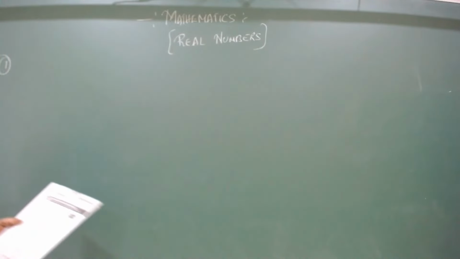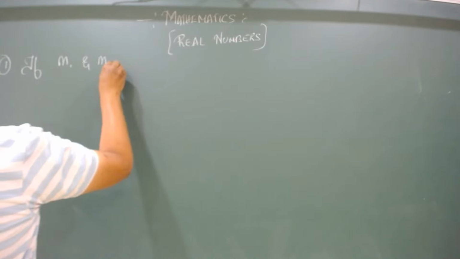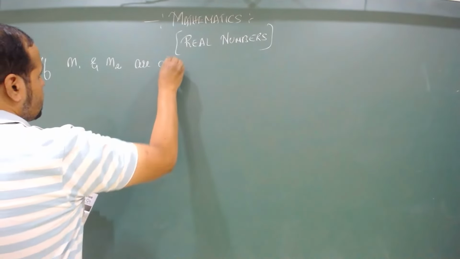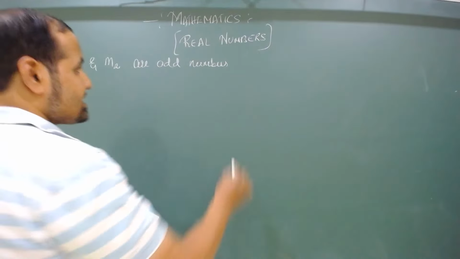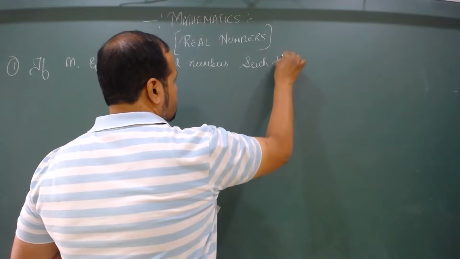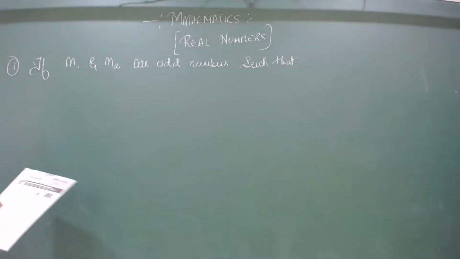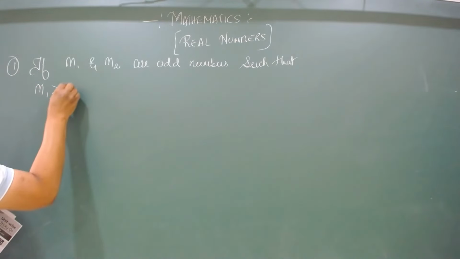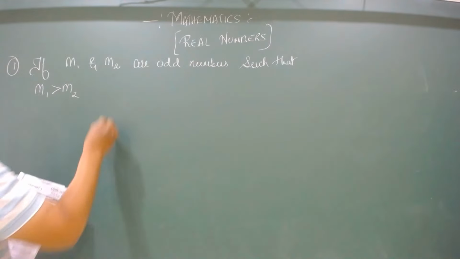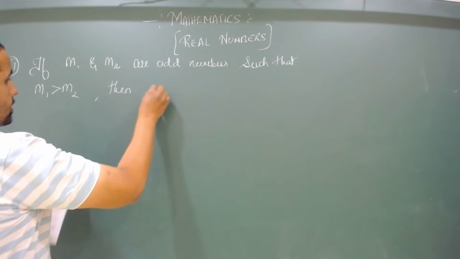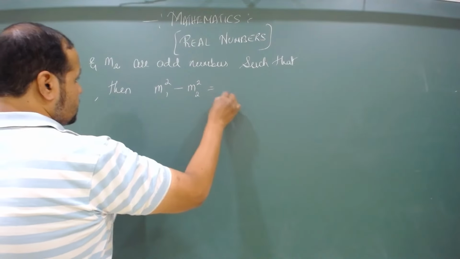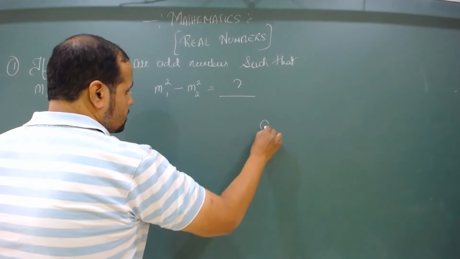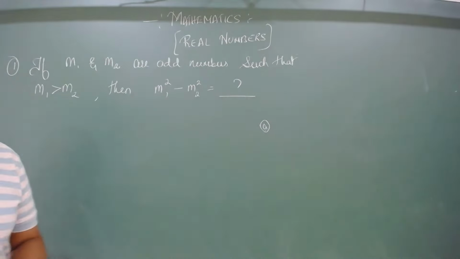Now, if M1 and M2 are odd numbers such that M1 is bigger than M2, then M1 square minus M2 square is, they have given us four options.